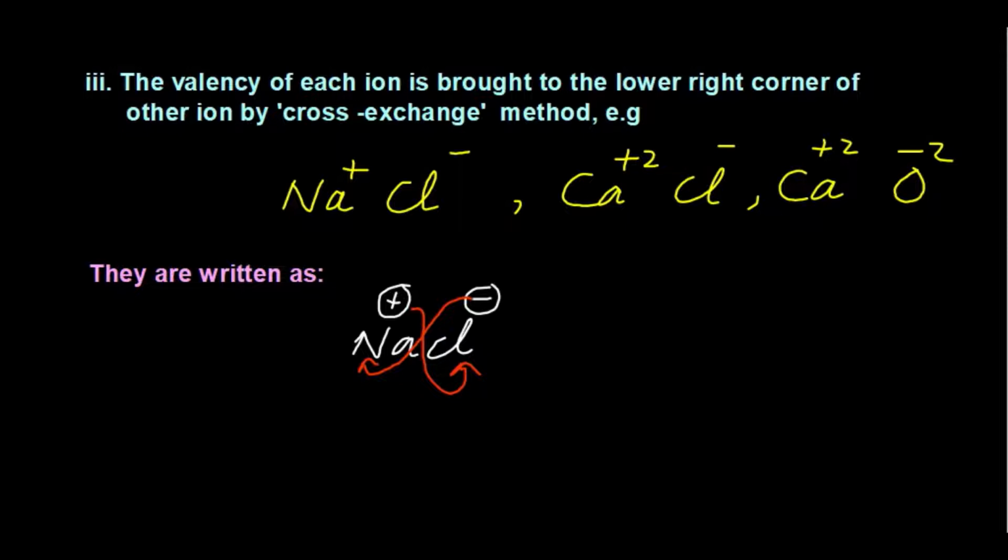Similarly, we have another compound, that is calcium chloride, which is CaCl2. We will write Ca+2 and chloride Cl-1. Now we will cross their valencies. We write the valency of chloride ion here and the valency of calcium ion here.